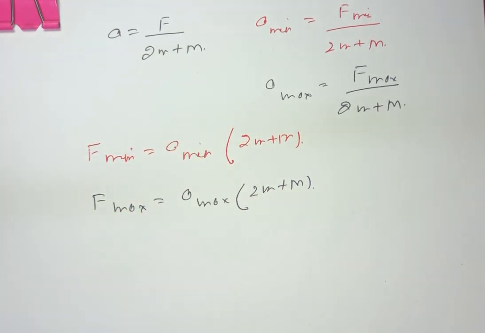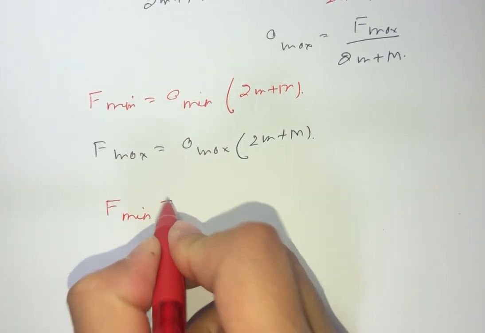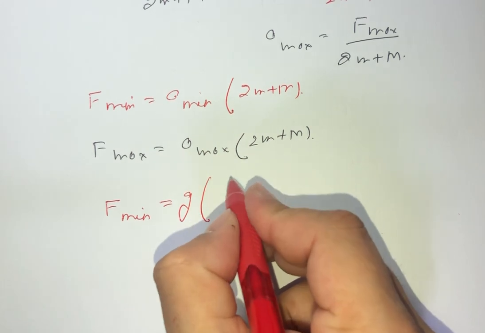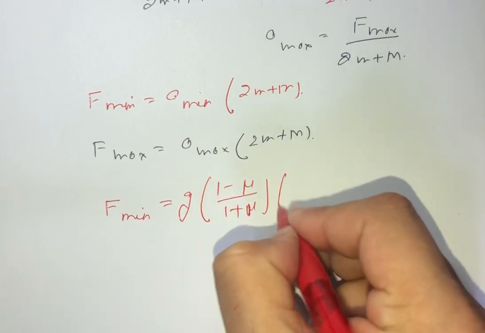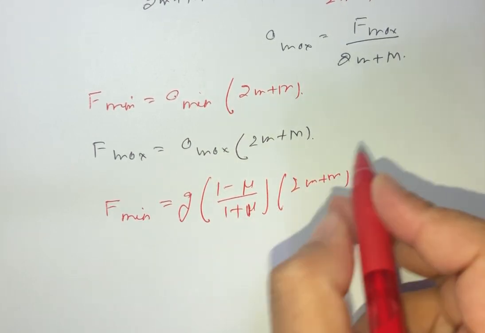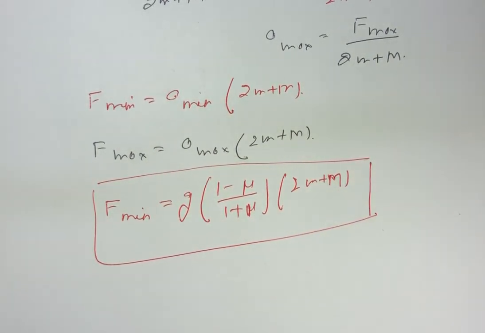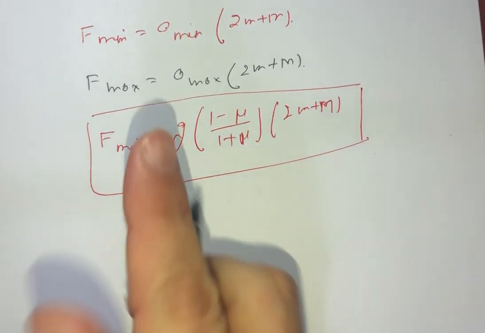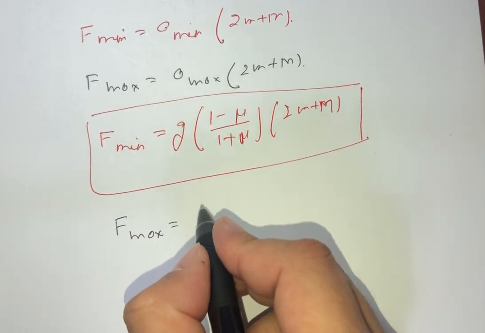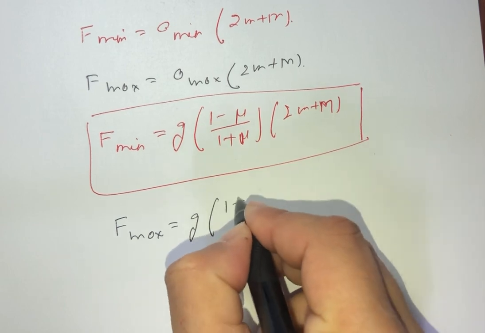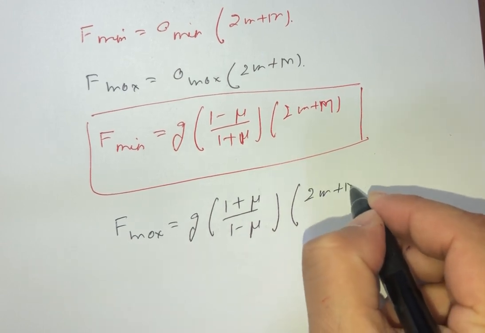Substituting the values, we get F minimum is equal to g multiplied by (1 minus mu) divided by (1 plus mu) into (2m plus capital M), and F maximum is equal to g (1 plus mu) divided by (1 minus mu) multiplied by (2m plus capital M).